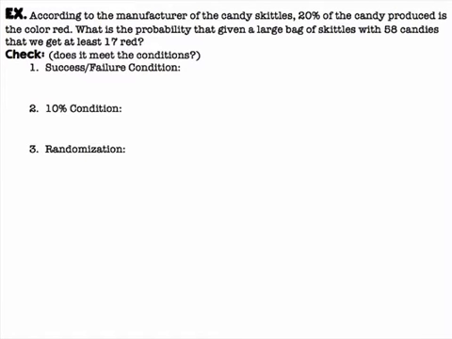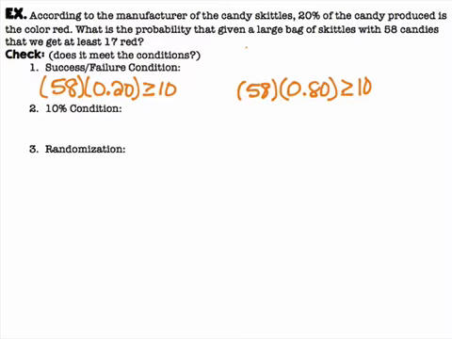According to the manufacturer of the candy Skittles, 20% of the candy produced is the color red. What is the probability that given a large bag of Skittles with 58 candies that we get at least 17 red? So, does it meet the conditions? Well, N times P has to be greater than or equal to 10, and N times 1 minus P has to be greater than or equal to 10, which they both are.